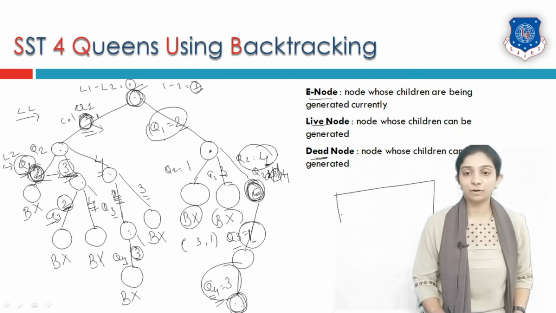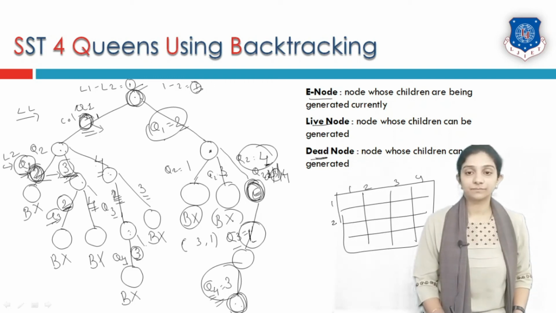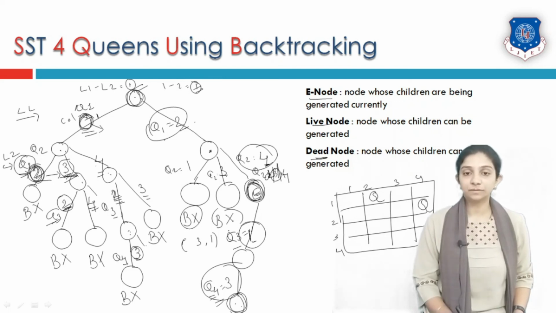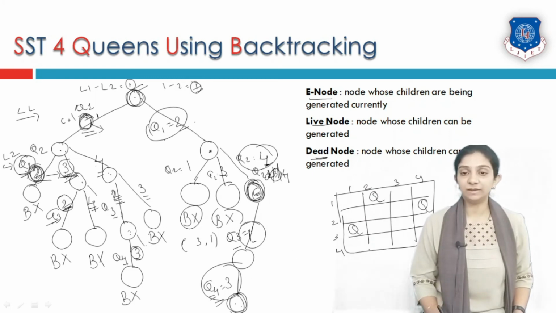So if we draw a complete solution, if this is my 4 cross 4 board, the first queen is placed in column number 2. The second queen is placed in column number 4. The third queen is placed in column number 1 and the fourth queen is placed in column number 3.